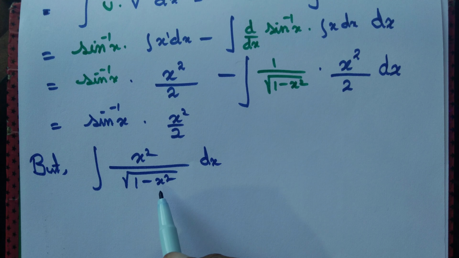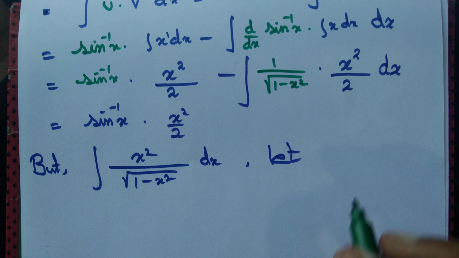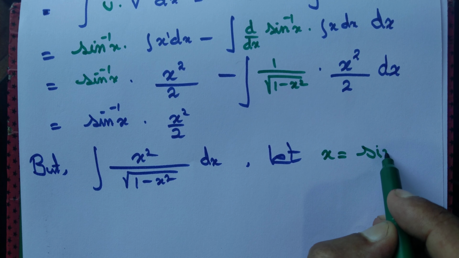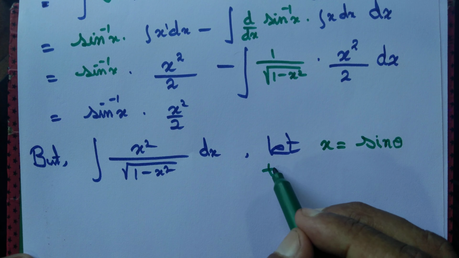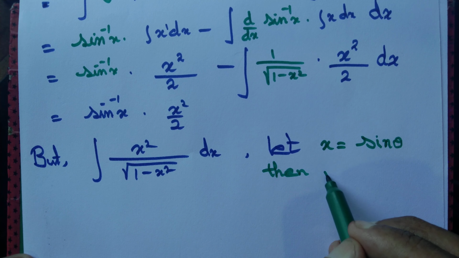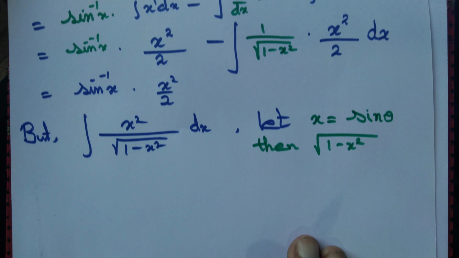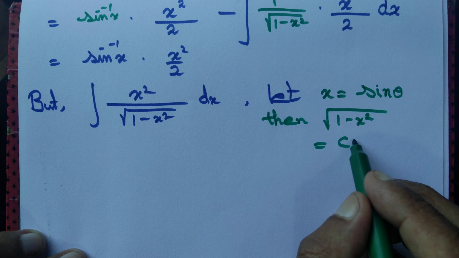See that if I write x equal to sine theta or x equal to cos theta, then I can remove the root. Let's do it. So let x equal to sine theta. Then of course, root over 1 minus x square equals the square root of 1 minus sine square theta, and that is just cos theta.